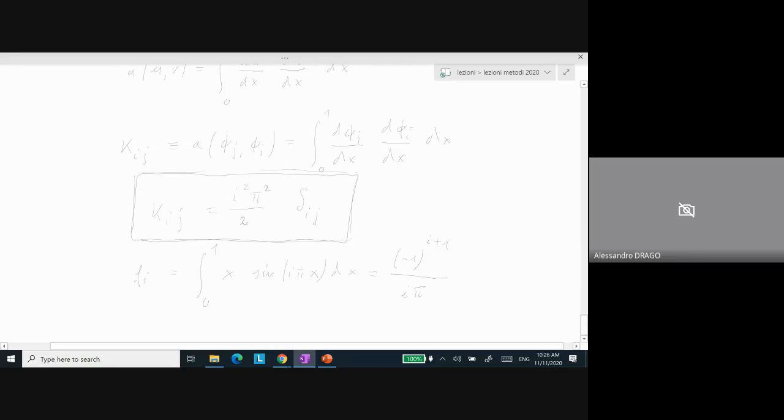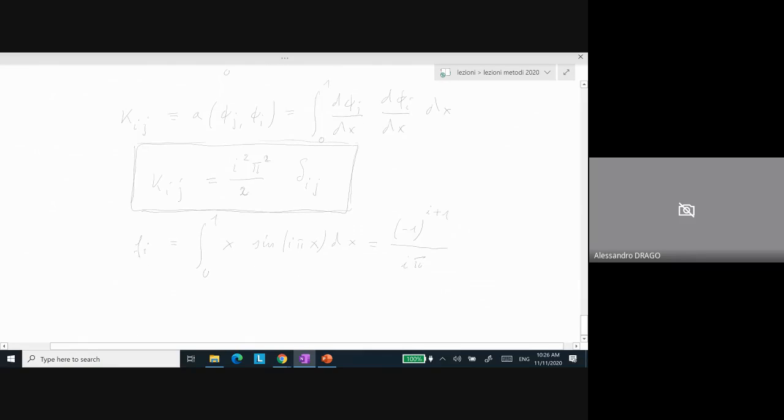So you see at this point our matrix equation, Ku equal to F, is extremely simple because K is diagonal.